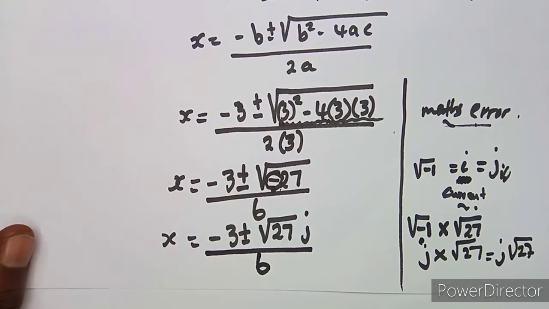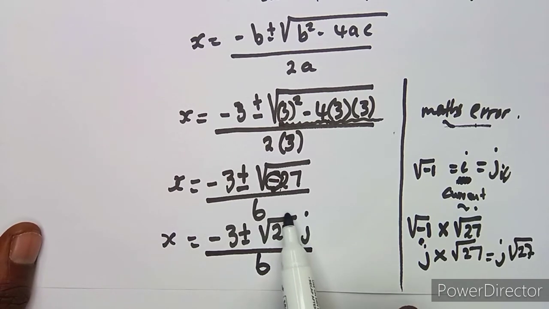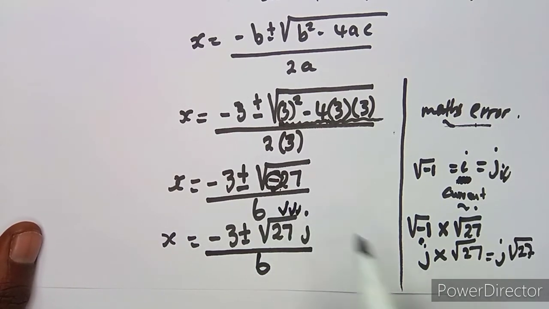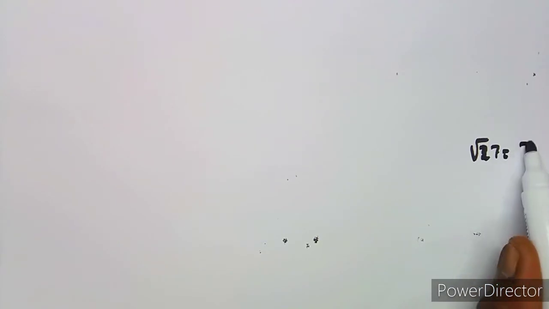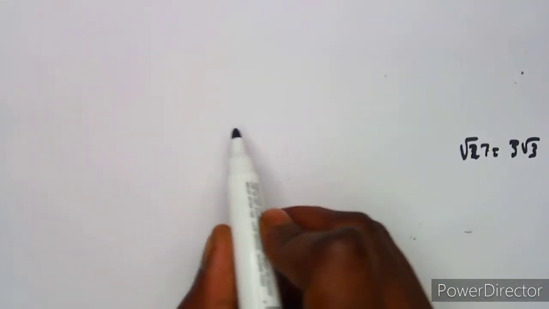At that stage, you are going to simplify this square root of 27, because it's now positive. This one is now separate. You have taken the negative out, which is this j here, so you are left with 27. From your calculator, the square root of 27 is actually 3 square root of 3. So that means you are going to have something like this.